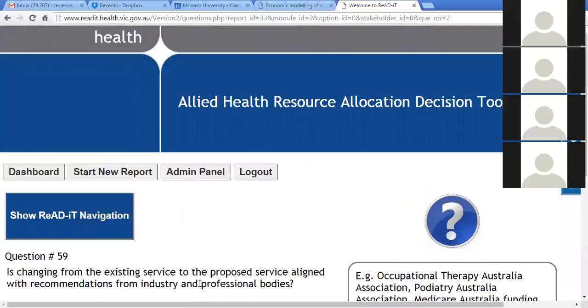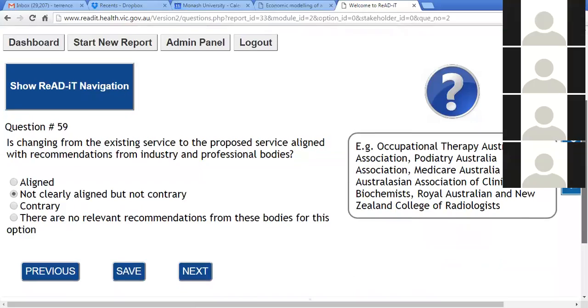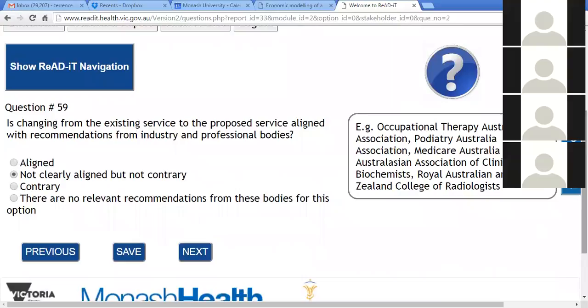Is changing from the existing service to the proposed service aligned with recommendations from industry and professional bodies? Sometimes professional groups will make clear recommendations about how particular services should be provided, and these questions are about identifying if there are clear recommendations out there and if what we're doing is consistent with them or not.